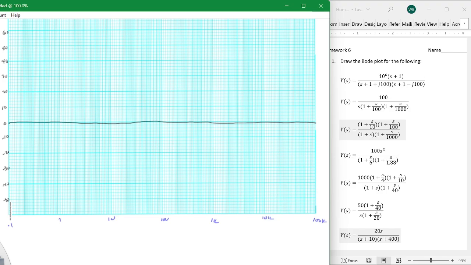Where does this one right here start? 1 over S plus 10. Where does it start? At 10. It's glaring at you. And how does it go, up or down? It goes up. Why? Because it's the numerator. So now you've got that line.